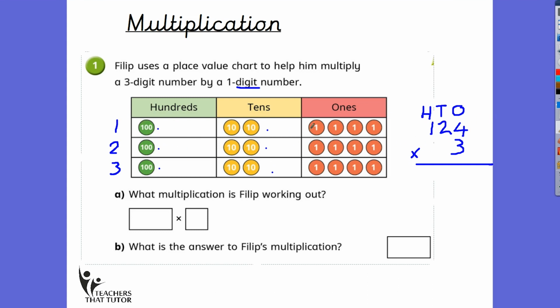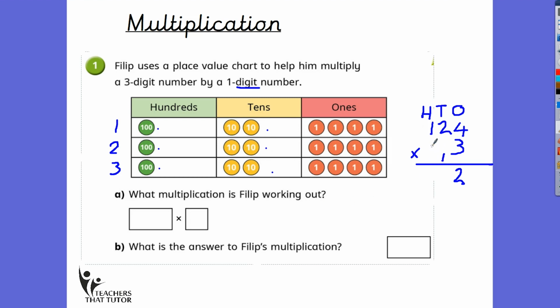So if we work this out, okay, you can see the number that we've got is 124, and we've got it 3 times. So 4 lots of 3 equals 12. We put the 2 down, and we carry the 1. Then we've got 20 times 3. Okay, this is a 10, by the way, not a 1. So 20 times 3 is 20, 40, 60, plus that 10 there.